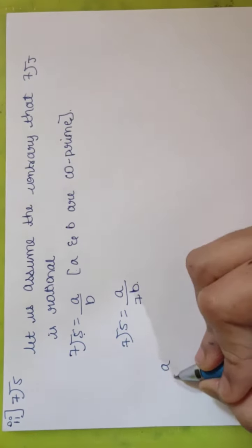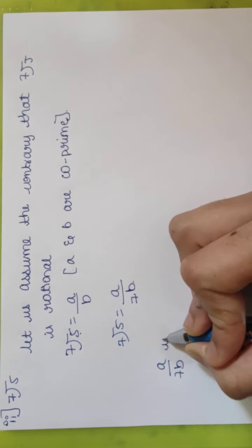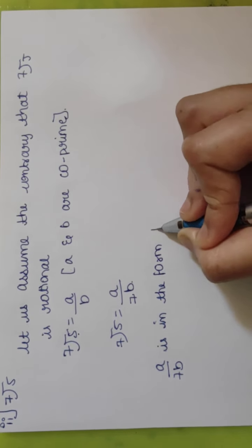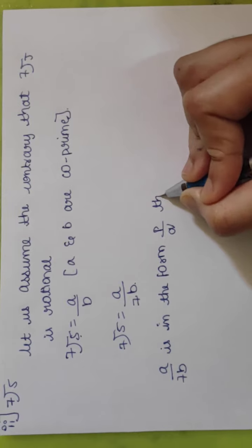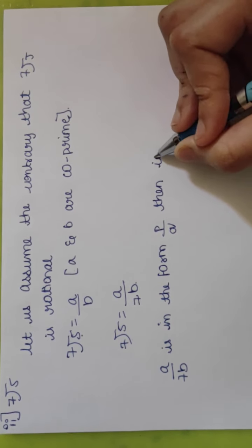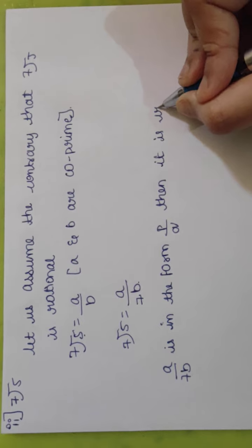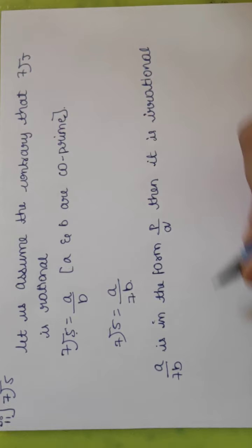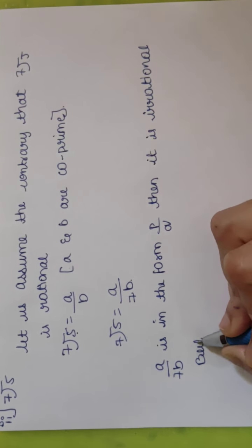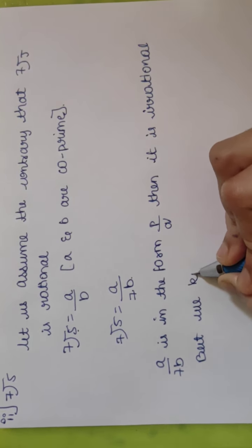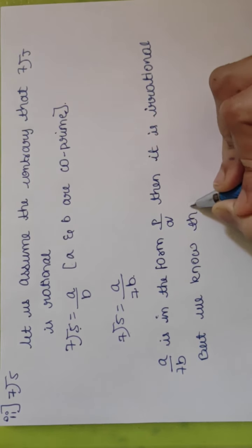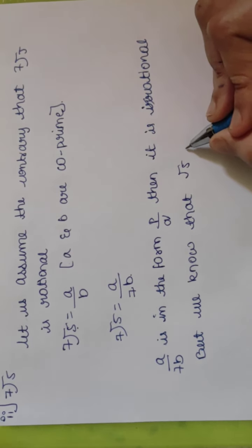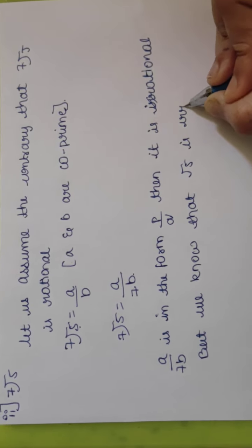So here you can see a divided by 7b is in the form p by q, so it is rational. But we know that root 5 is irrational.